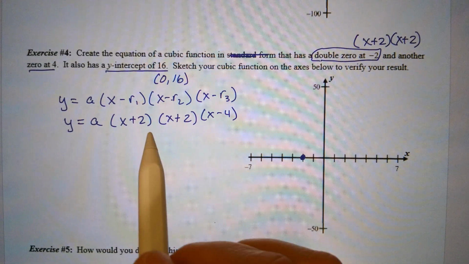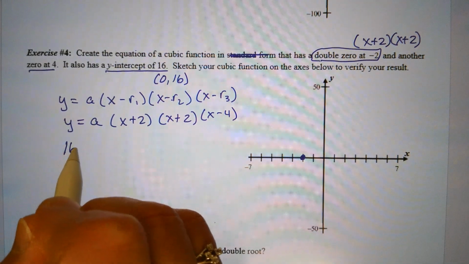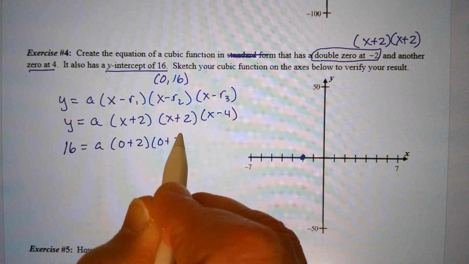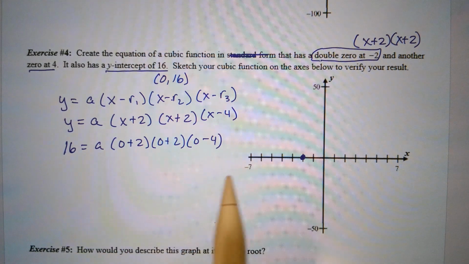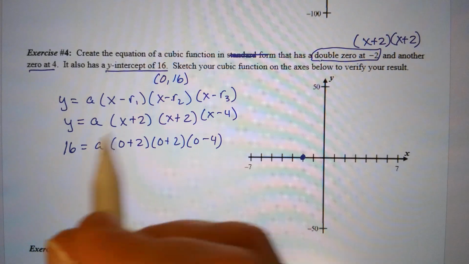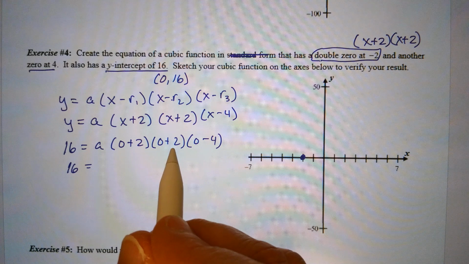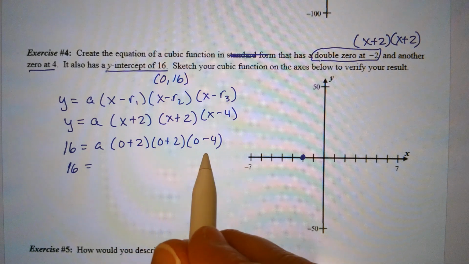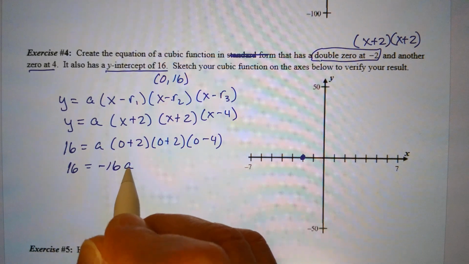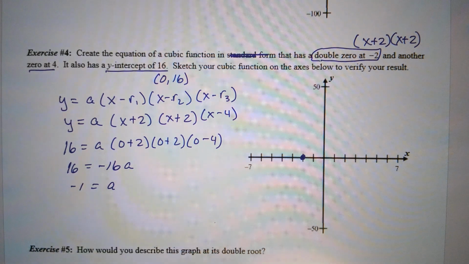Now, substitute 0 in for x and 16 in for y and solve for a. Two times 2 is 4 times negative 4 is negative 16. 16 equals negative 16a. Divide by negative 16 and a equals negative 1.